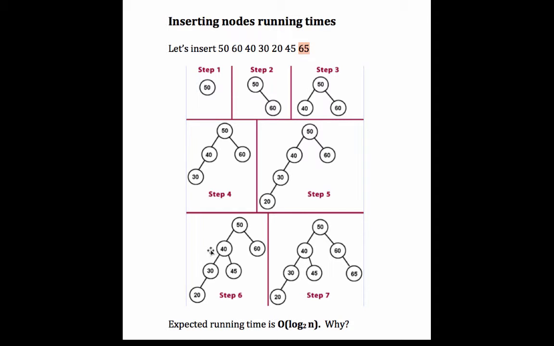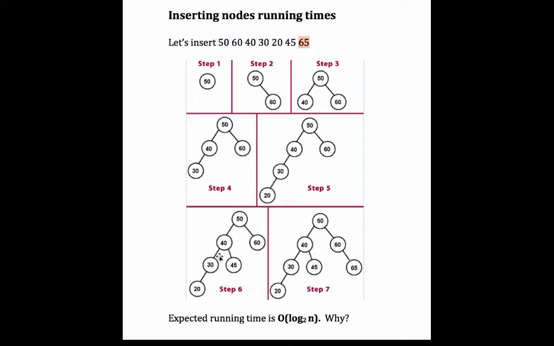Cannot be on the left subtree because 65 is greater than 50. So what that means is I'm not going to have to visit all these nodes, 40, 30, 45, and 20, to decide where to insert 65. Because I know that 65 is greater than 50, I'm going to ignore completely the left subtree. So I'm ignoring half of the data that I have.